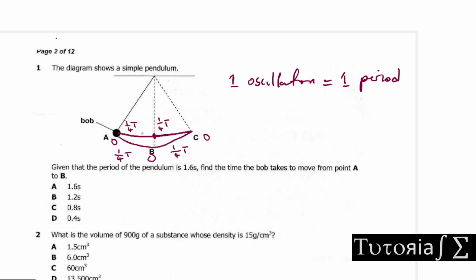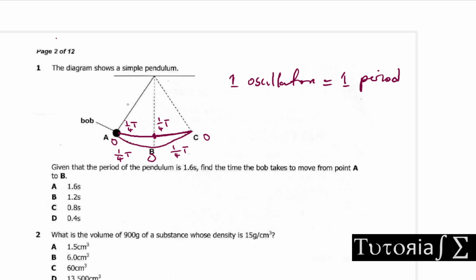So it is just 1 over 4 times the period. If you are told to find the time taken from A to B to C, it will be this time plus that time. If you are asked to find the time it takes to move from A to B to C back to B, it will be this time plus that time plus that time. So that is how you approach the questions.